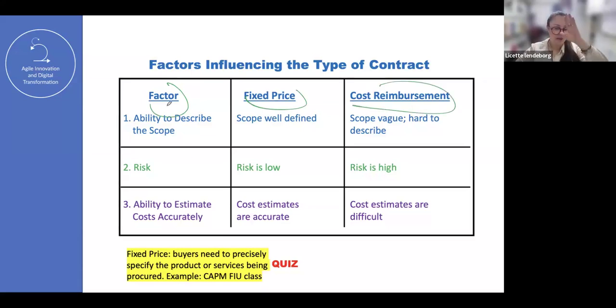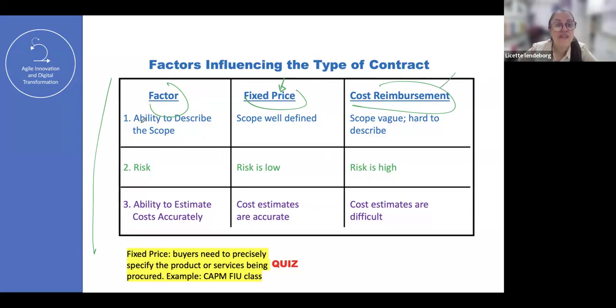There are a couple of factors that I want to provide as a summary, so you can have this straightforward, because procurement has too many things. I wanted to put it in a table, very clear, so you can see in what case I'm supposed to use fixed price and when I'm supposed to use cost reimbursement.